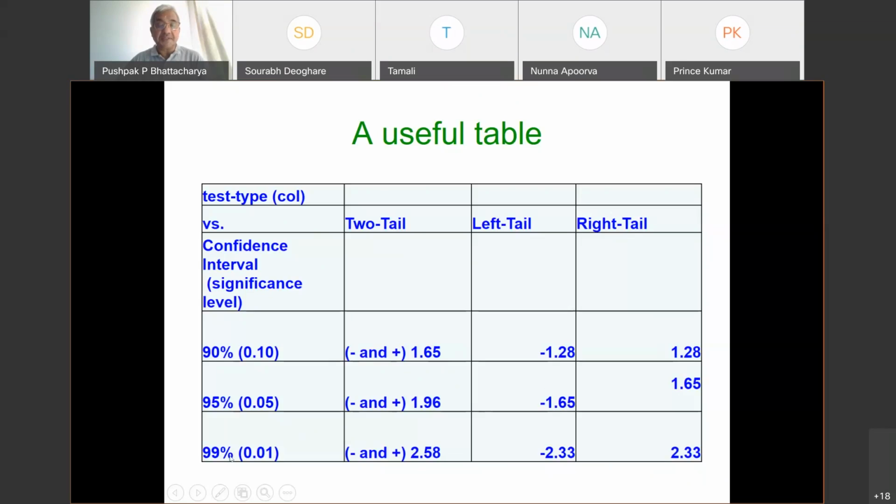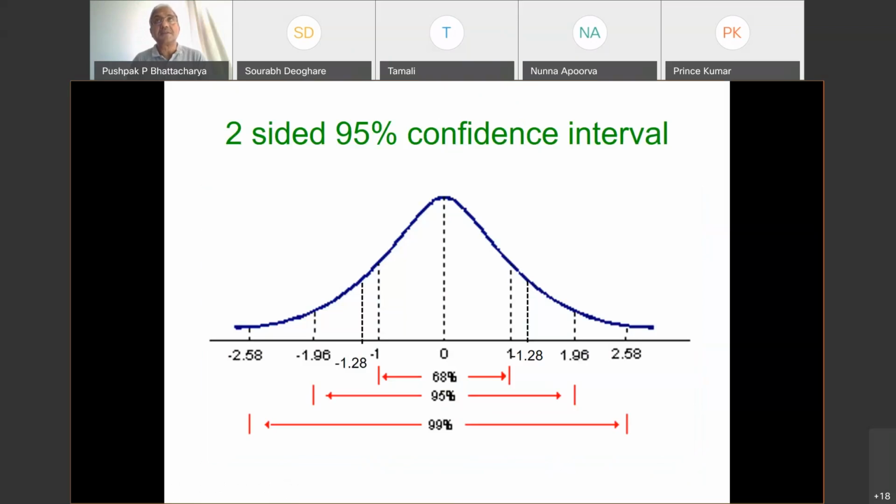99% of course is very strict. So the critical values are minus 2.58 and plus 2.58. When we take only one-sided test, then minus 2.33 and plus 2.33. So you can see that everything is in the backdrop of standard normal curve.